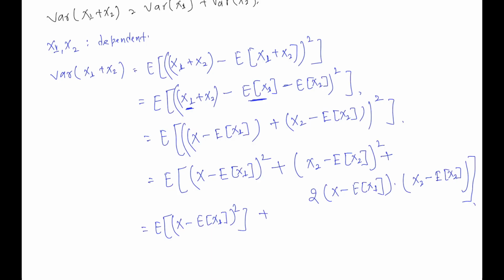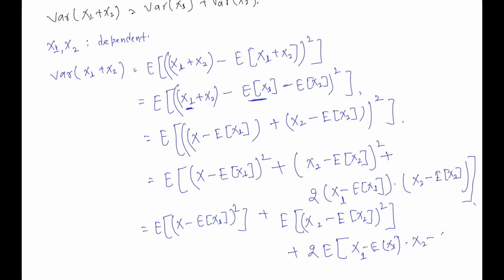And for the other, I am going to use the linearity, so the expectation of (x2 minus its expectation) whole square, plus the third term, 2 times the expectation of (x1 minus the expectation of this random variable x1) into (x2 minus the expectation of this x2).